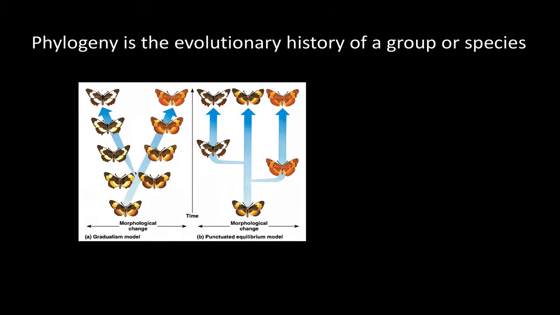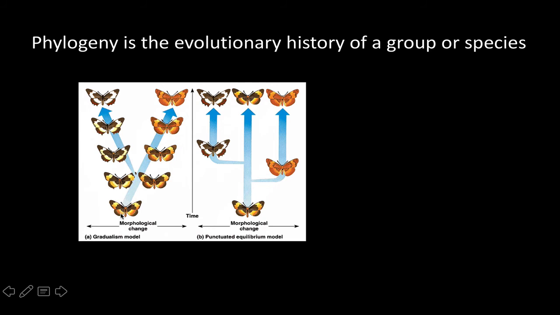Now, in order to really understand phylogeny, you have to understand speciation. So I have a couple examples here of speciation. What we learned is that speciation occurs when isolation happens, and what I like to call the big three, evolution from natural selection, mutations, and genetic drift, happen once a species becomes isolated. That leads to changes in the two isolated groups, and they start to become different over time until they become two different species.